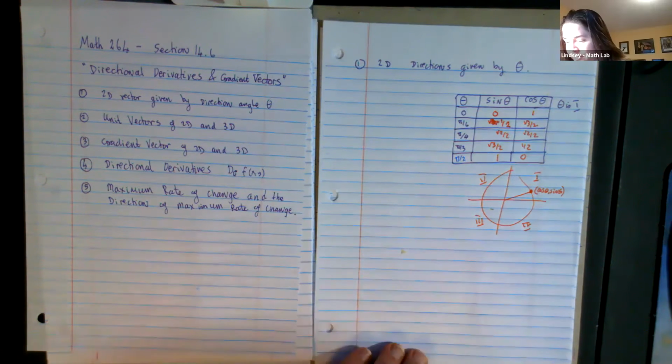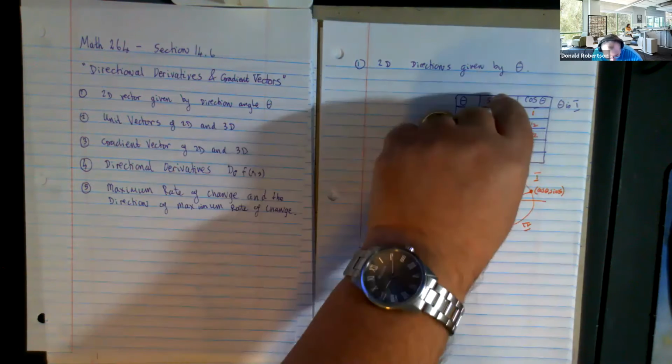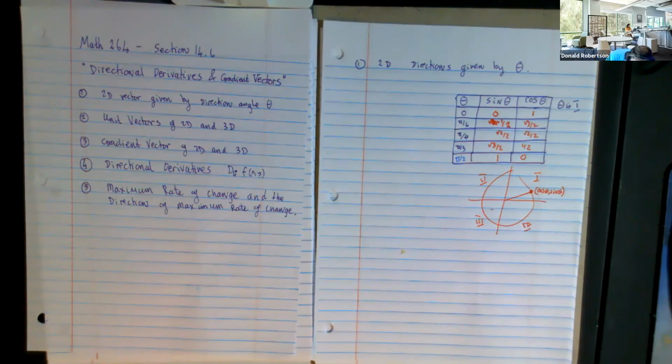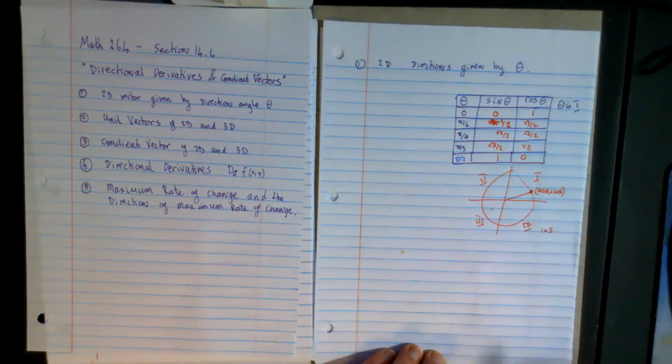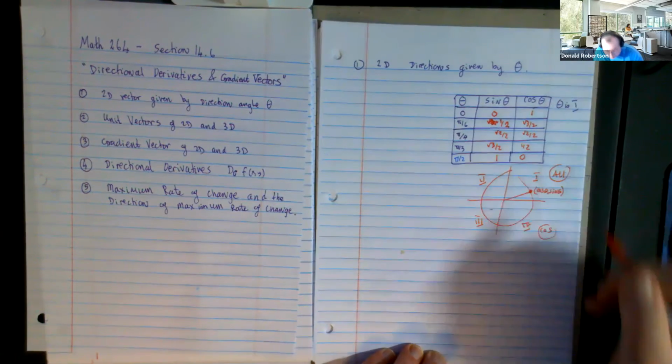For instance, in the 4th quadrant, would the sines or the cosines be positive? The cosines. Agreed. All of them are positive in the 1st quadrant.